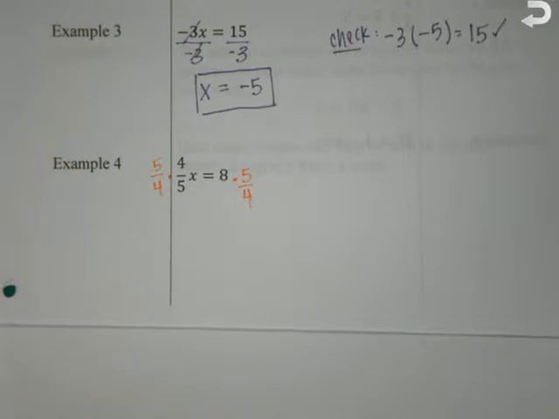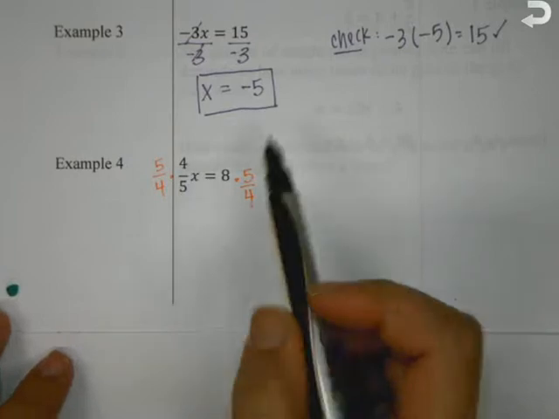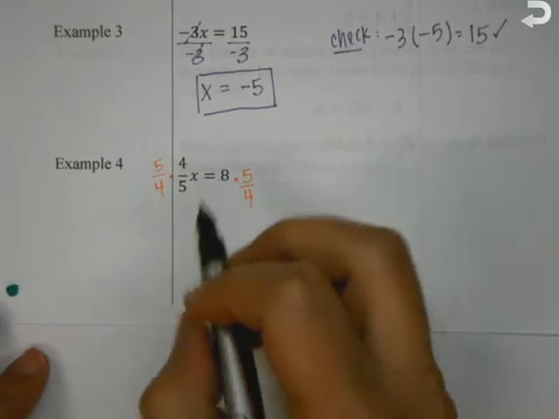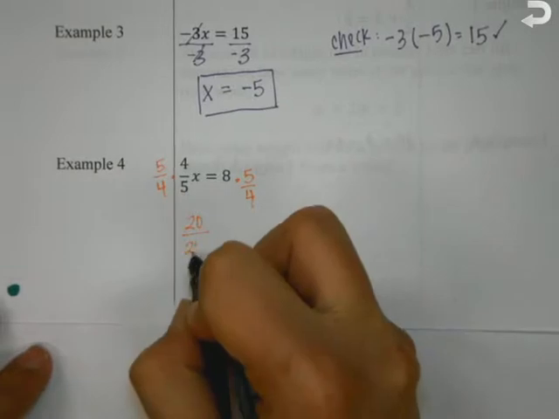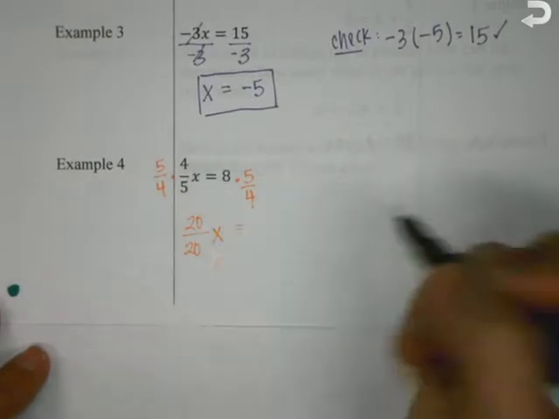How many of you are comfortable with cross-reducing? Okay, we will get into that in just a second then. Let's just multiply straight across for right now. What's 5 times 4? 20 over, what's 4 times 5? 20.